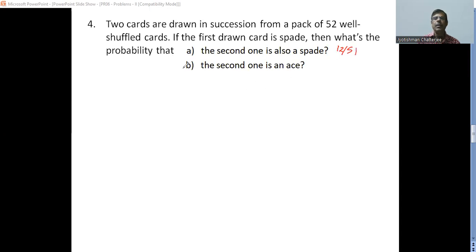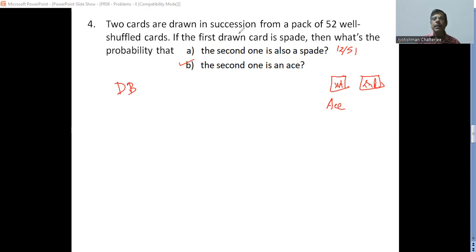What about this one? Again, we are drawing two cards as before, first and second. The event D is that the second one is an S. So we need to find DB. What does DB mean?